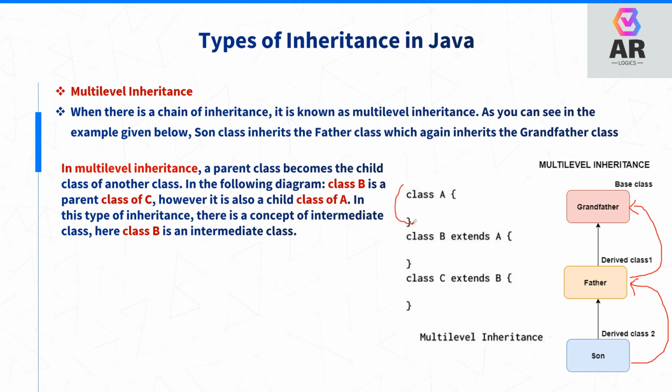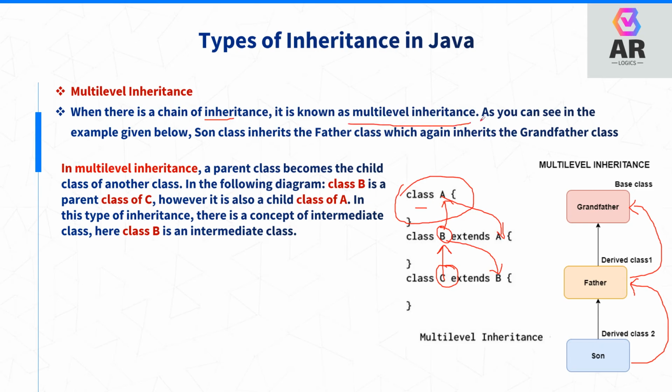A is the parent class, then A derives all the fields and methods to the B class. From B to C, the parent of C is B, and the parent of B is A. Chain relationship, one-to-one.